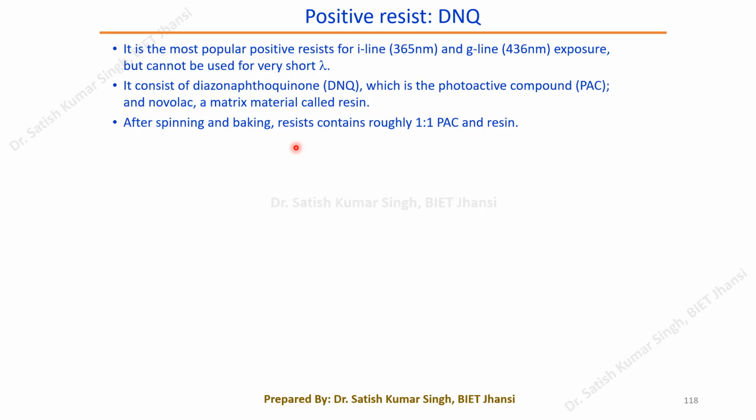One thing we have to remember is that we want to transfer the pattern from the mask to our wafer coated with the photoresist. This is only possible when the photoresist undergoes a particular chemical change. If there is no chemical change, it is very difficult to transfer the pattern.